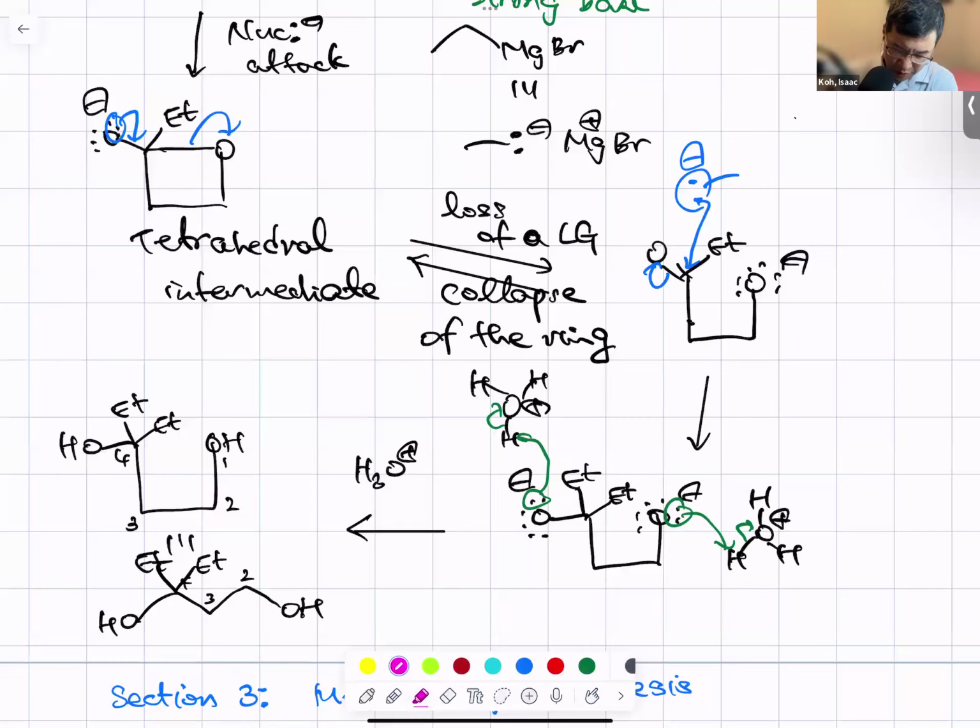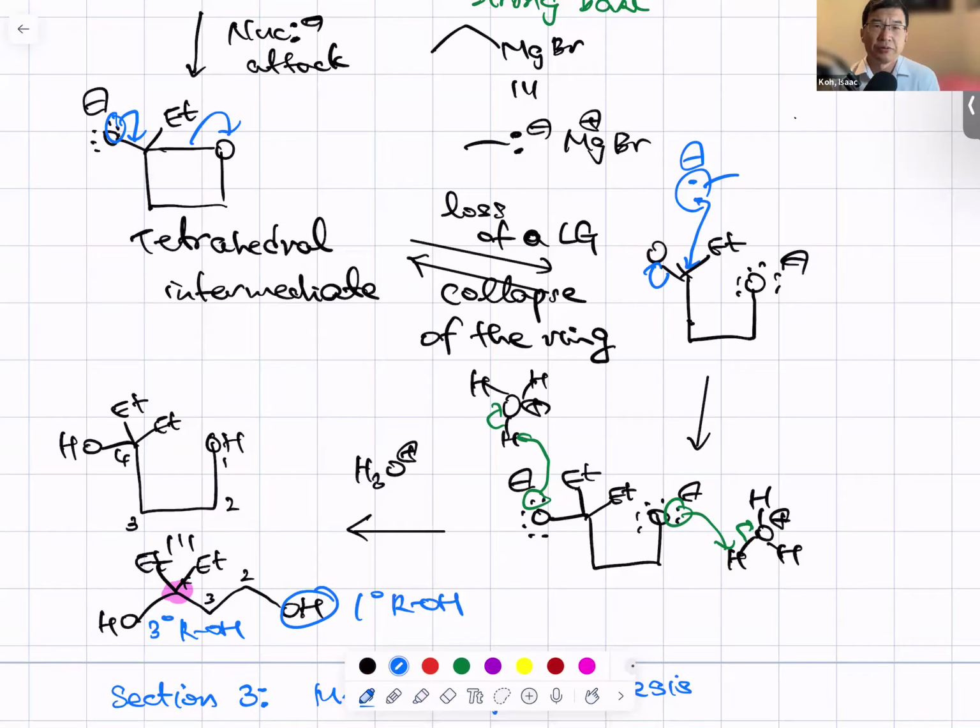Note that this ester is going all the way to tertiary alcohol, and the other side is now primary alcohol. Twice. For lithium aluminum hydride and Grignard reagent, it will be added twice, attacking twice.